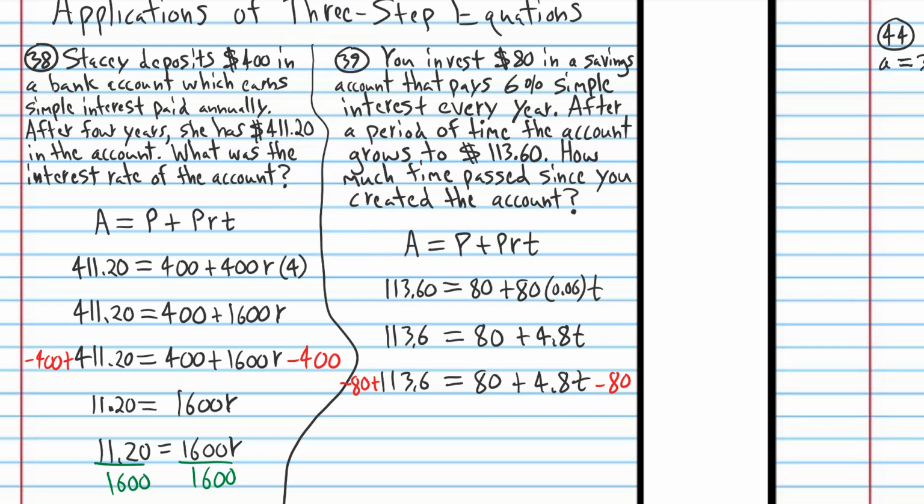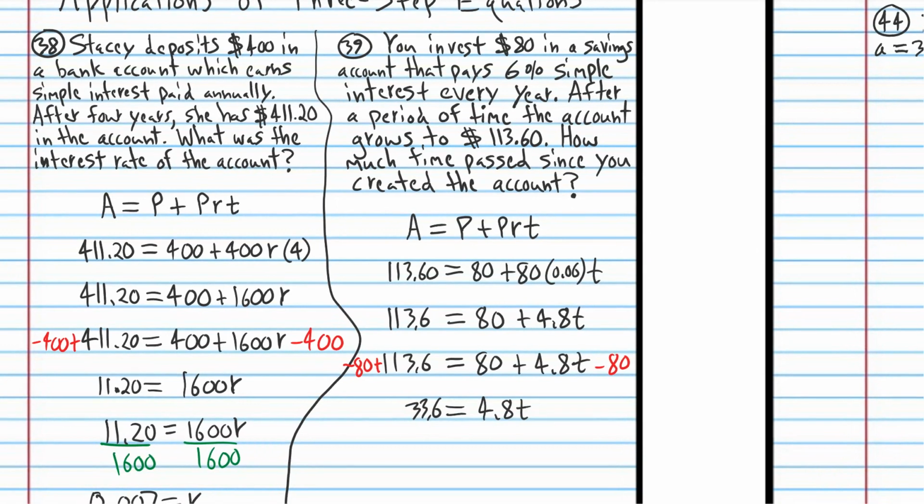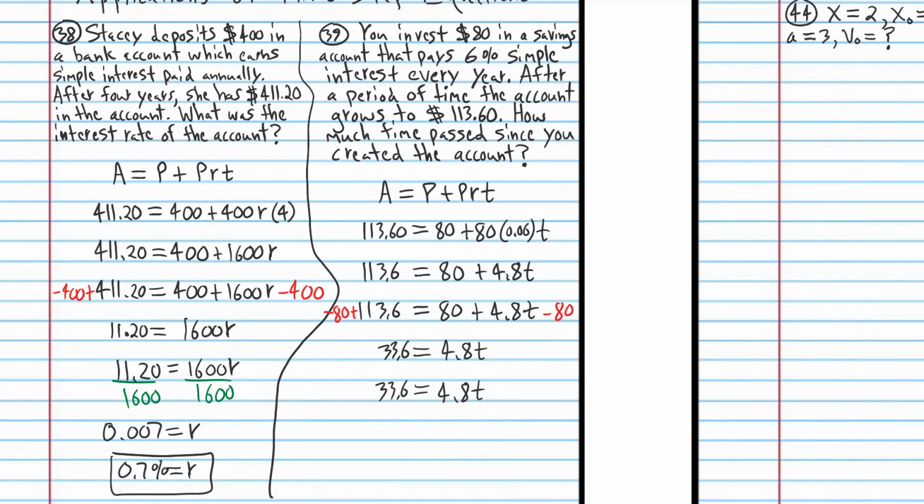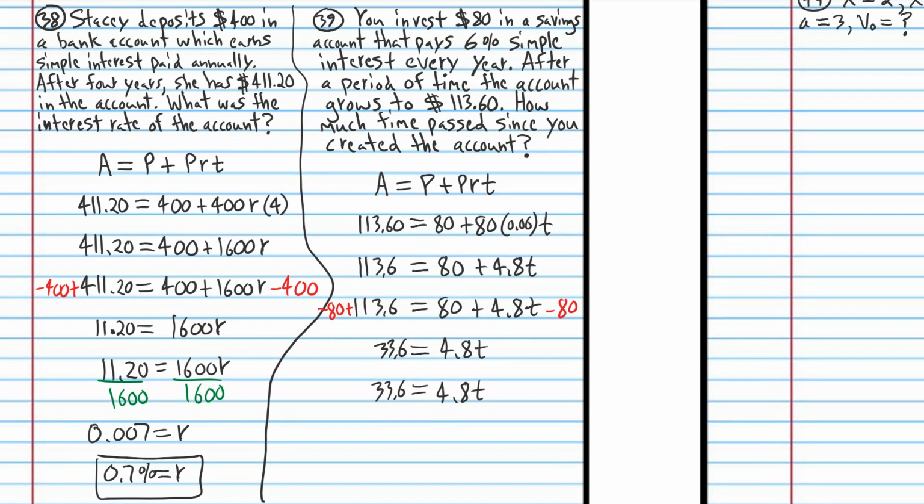So you're left with 4.8t is equal to 33.6, it looks like. And we have to perform another step on both sides of the equation, so rewrite that equation. Again, whenever you perform an operation on both sides of the equation, you have to rewrite that equation so you can preserve the result of your previous step.